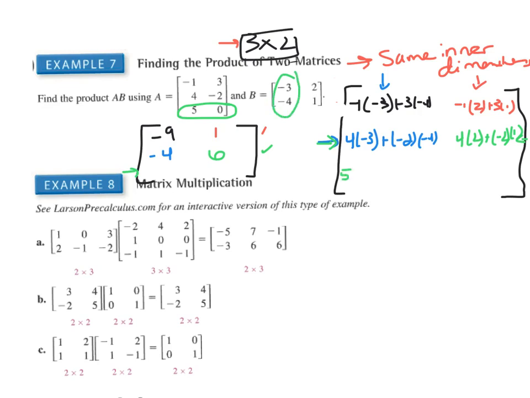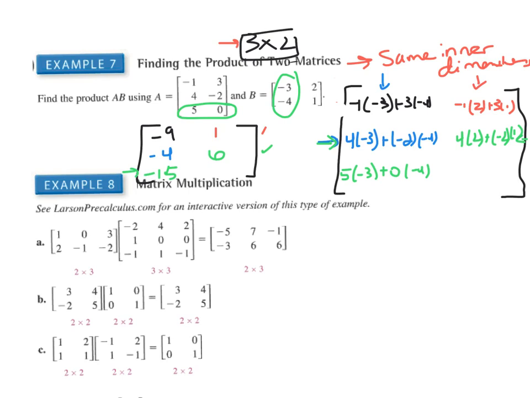So let's do 5 times -3 plus, that's right, 0 times -4. Hopefully we're getting the hang of this. Okay, so you get -15 plus 0, -15. I want you to try to do the last number on your own if you can. If you cannot, if you don't feel confident yet, don't worry about it, and I'm just going to keep going. But if you're feeling good, pause it, try it, and then you should get the same answer.